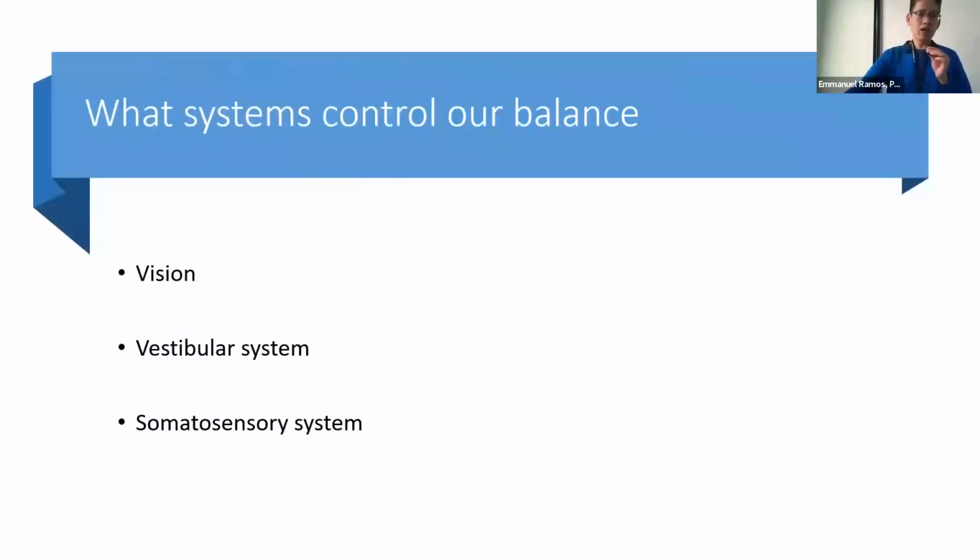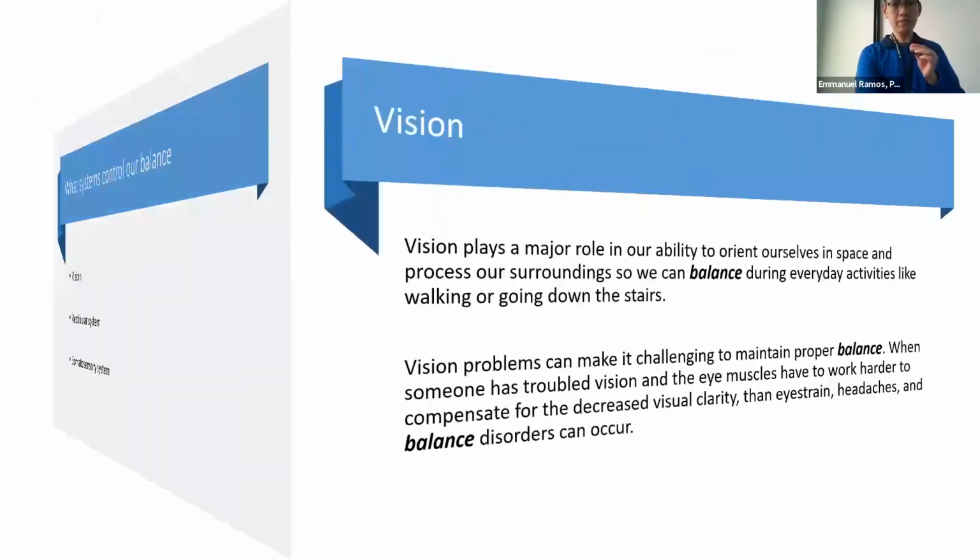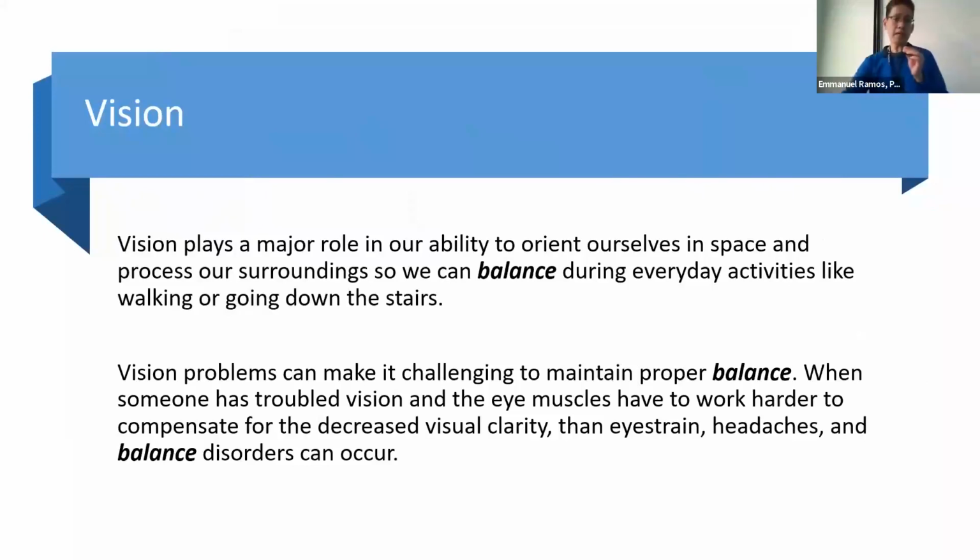What systems control our balance? There are three: vision, vestibular system, and somatosensory system. So let's talk about vision first. Vision plays a major role in our ability to orient ourselves in space and process our surroundings so we can balance during everyday activities like walking or going down the stairs.